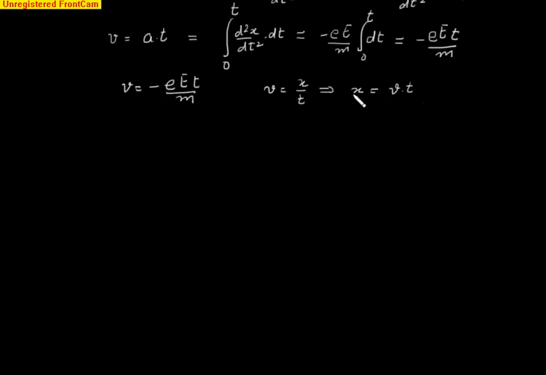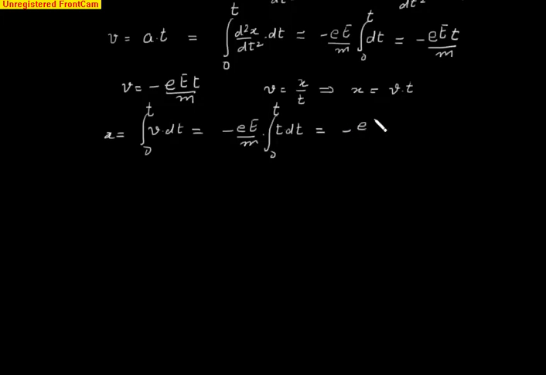From here I have to find the distance covered from one collision to another collision in time t, and we can find x as the integral of v times dt from 0 to t. Here v is this expression, so we can write minus e, capital E over m times t into dt, and let us integrate from 0 to t.